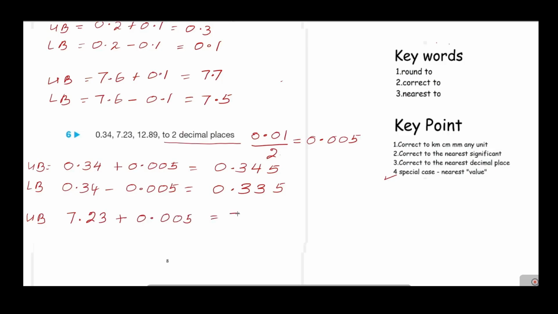Then it becomes 7.235. Low bound becomes 7.23 subtract 0.005, which becomes 7.225. That's how we are getting it when it comes to decimal places.